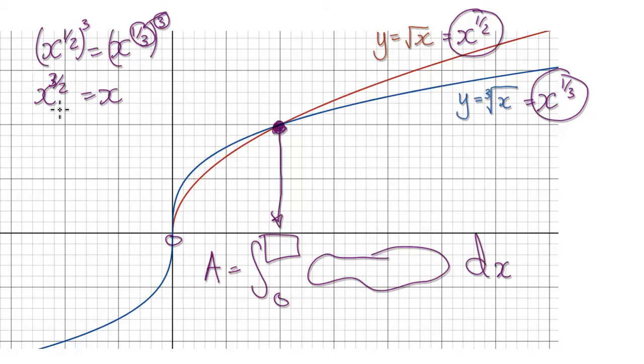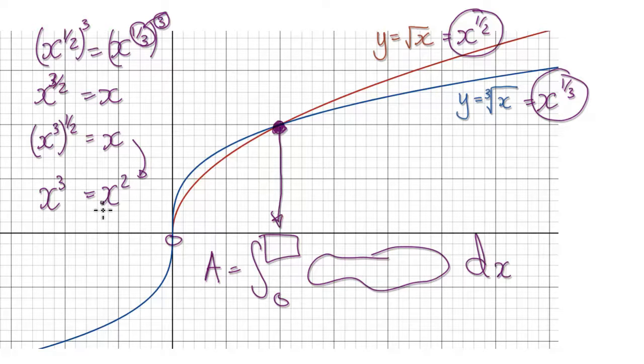Let's imagine this as x to the power of 3 to the power of a half, and this is x to the power of 1. Now you can see you've got a square root, so square both sides. Square this side, and square this side. It would be to the power of 3.